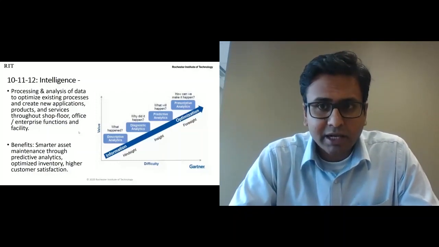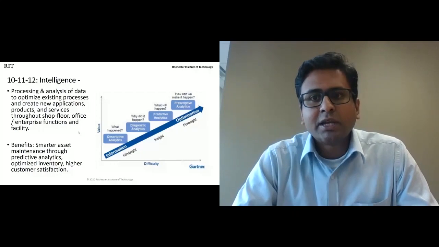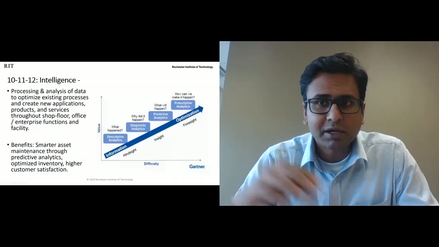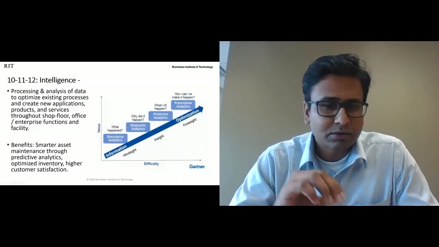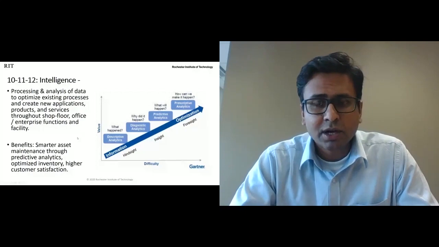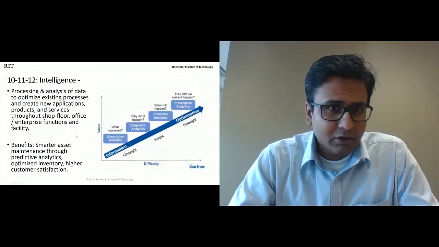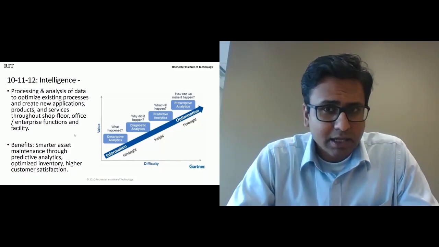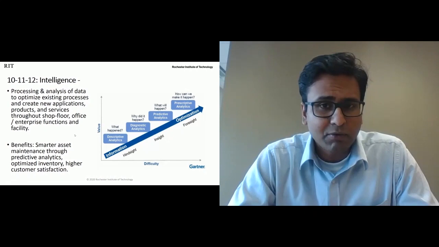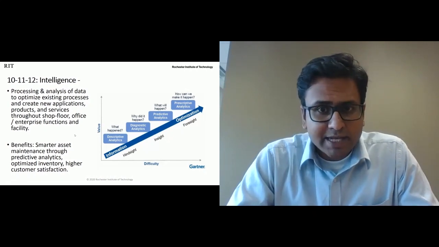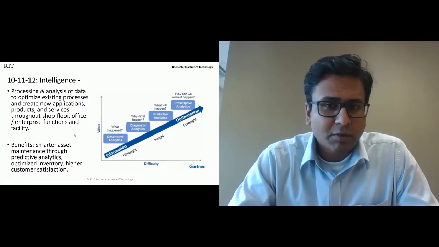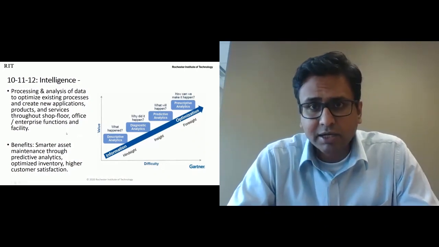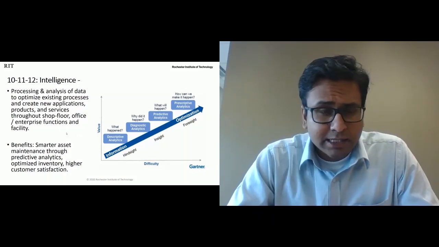So we have descriptive analytics, but Industry 4.0 can give you capability to understand why things happened. So go to a diagnostic level, move on to a predictive level to foresee what can happen in the near future. And ultimately, the holy grail is to go to a prescriptive analytics phase where we can understand how can we make things happen that we want to happen. So smarter asset maintenance through predictive analytics, optimized inventory, higher customer satisfaction through leveraging all these things is a promise that Industry 4.0 holds. Next slide, please, Ben.